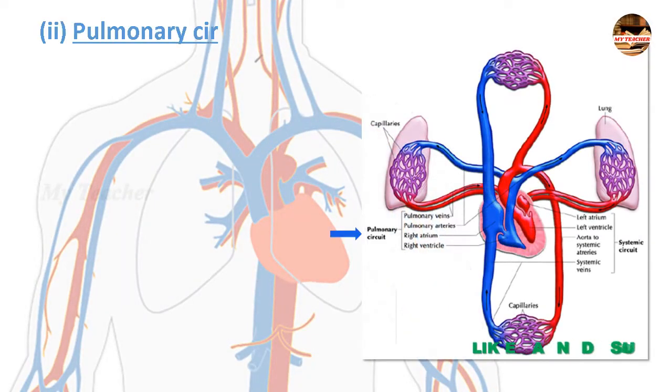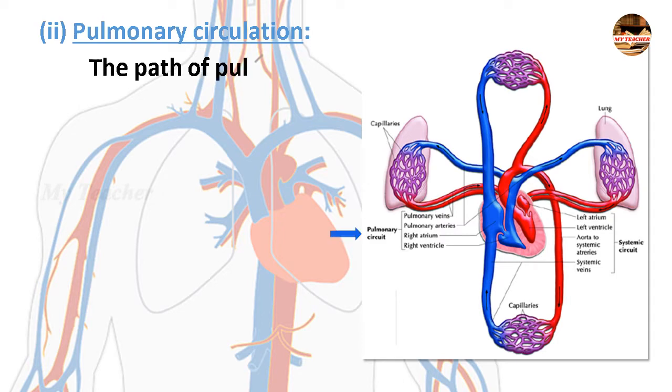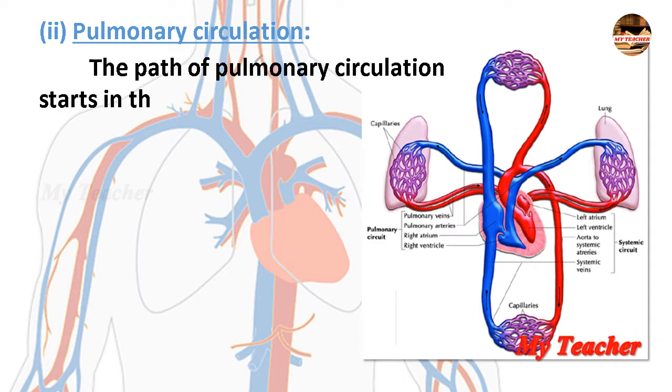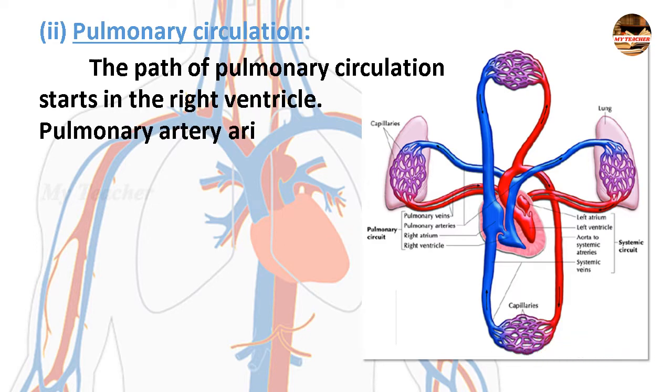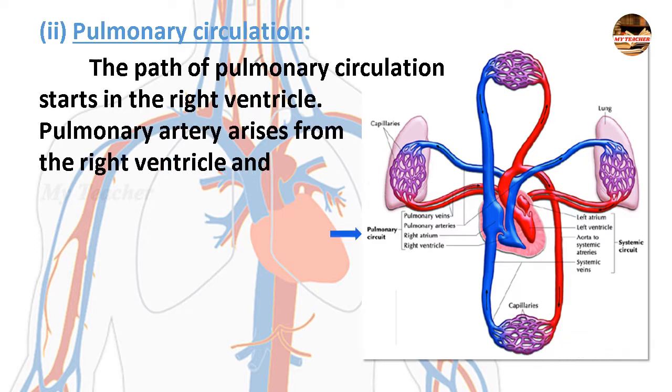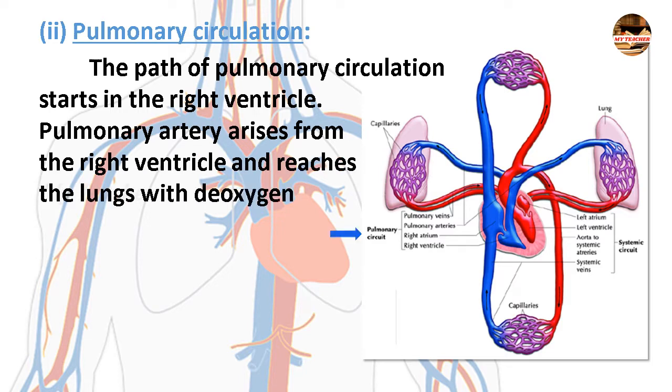Second one, pulmonary circulation. You can see the pathway there, the pulmonary circuit. The path of pulmonary circulation starts in the right ventricle. The pulmonary artery arises from the right ventricle and reaches the lungs with deoxygenated blood.